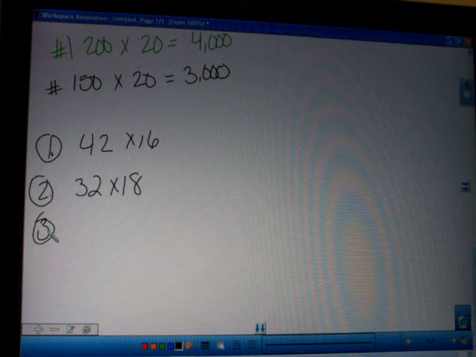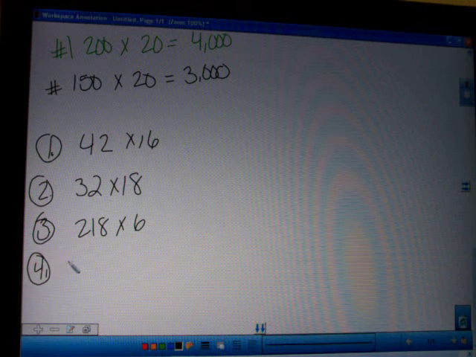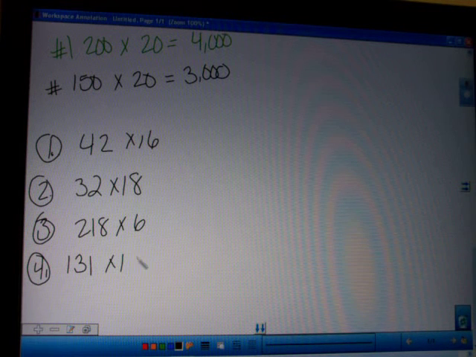That's the great thing, you can solve them differently than how I solve them. So the first one's 42 times 16, next one is 32 times 18, the third one is 218 times 6, and the last one's 131 times 19. Take a few moments, solve them, and then I'm going to come back with my pen and show you how I estimate these problems.